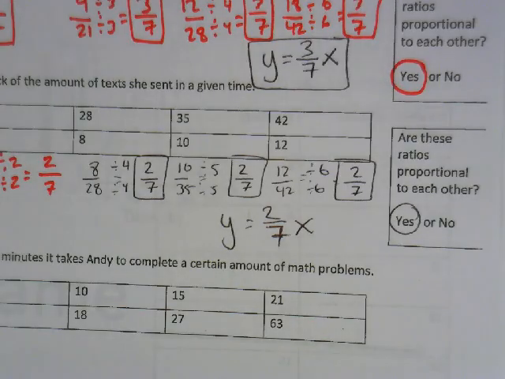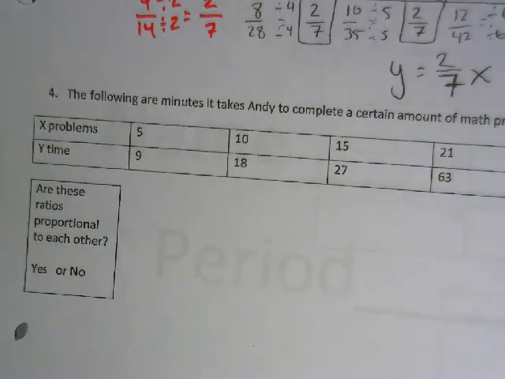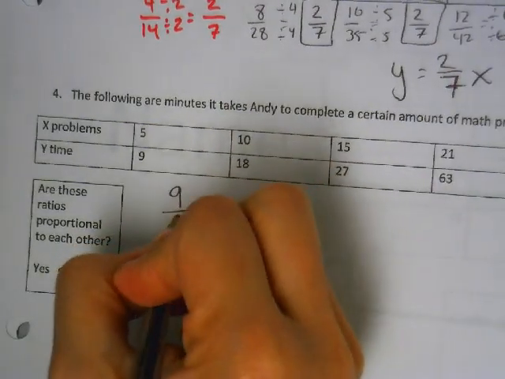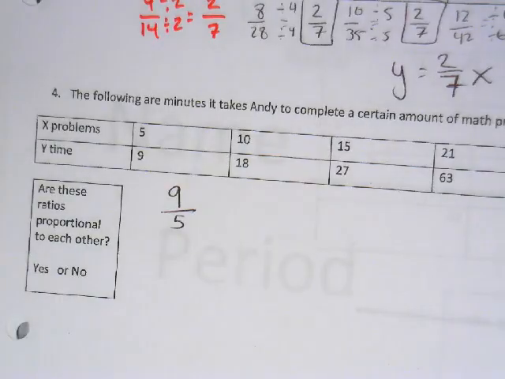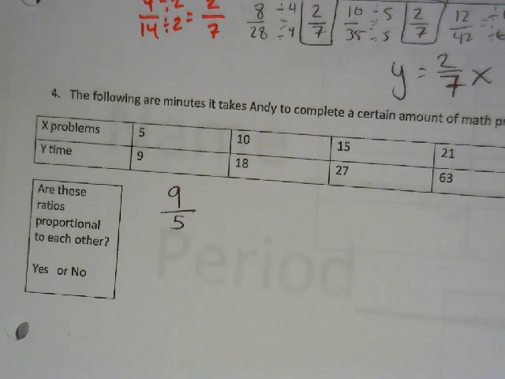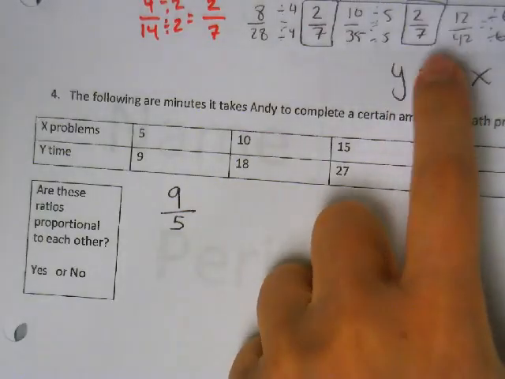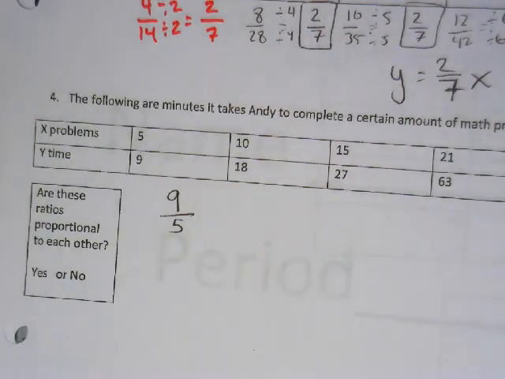All right, the next one. Notice that there's no 1, right? There's no graph paper. So you have to do it 9 over 5. Why do I put y on the top? Does it really matter? Wouldn't it just be the same as 7 over 2? But it matters because in your equation, the top number is your y, the bottom number is your x.